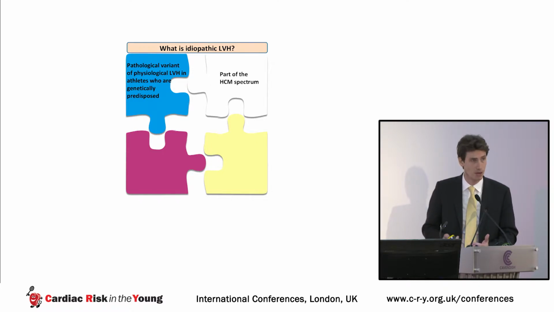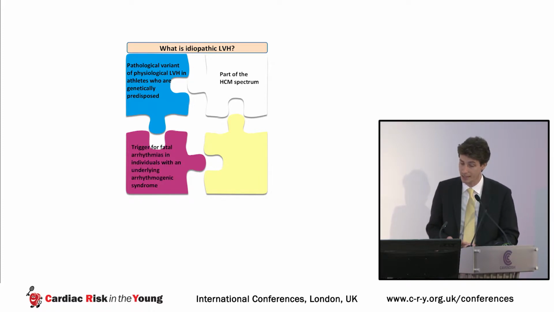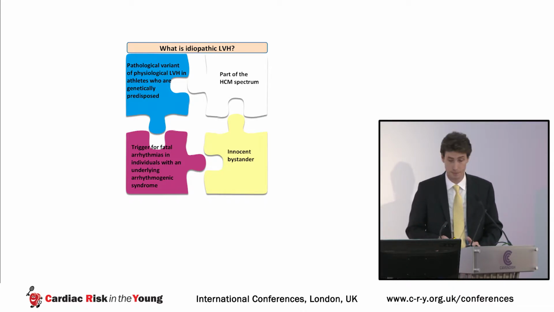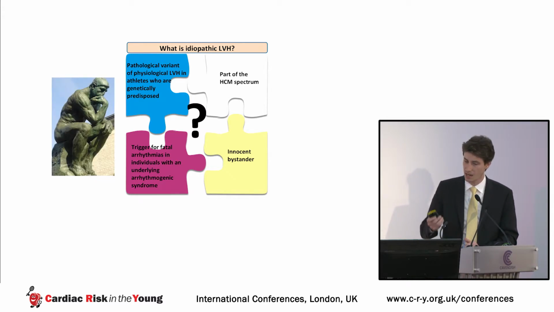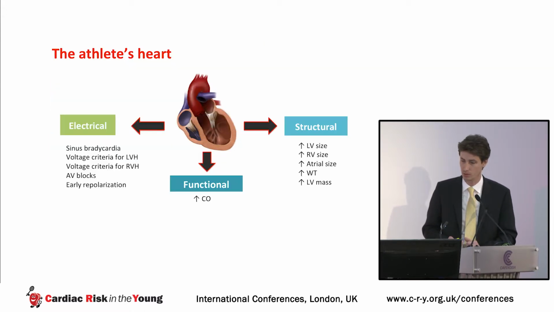Another is that it is part of the HCM spectrum, or a trigger for fatal arrhythmias in individuals with an underlying arrhythmogenic syndrome, or an innocent bystander. We don't really have an answer to this question, but we'll see in the next slides that we tried in some way to answer it, at least partly.